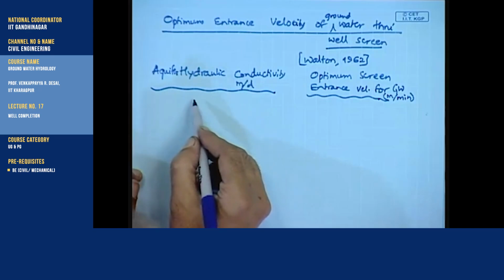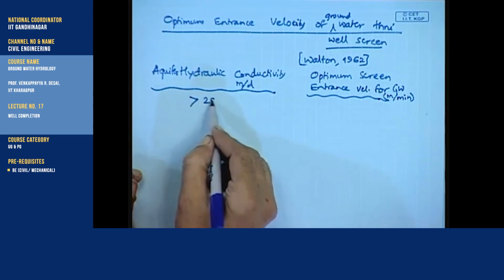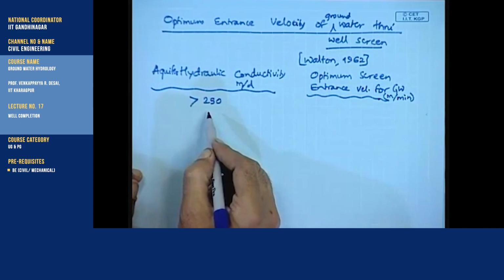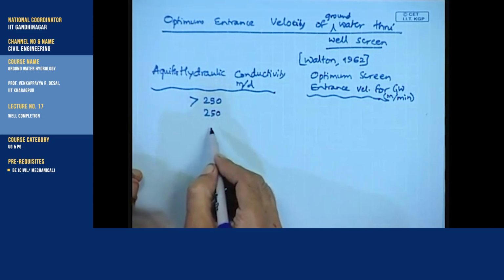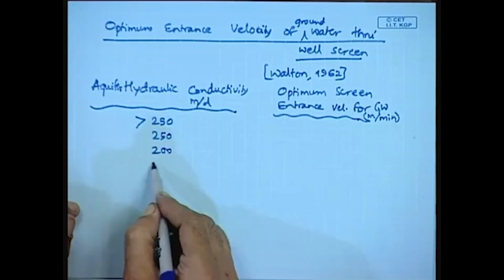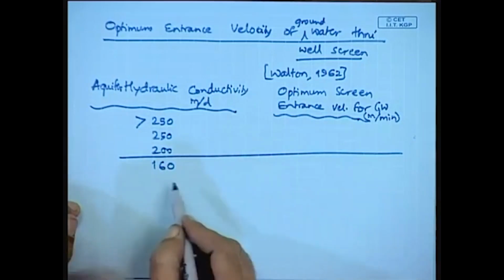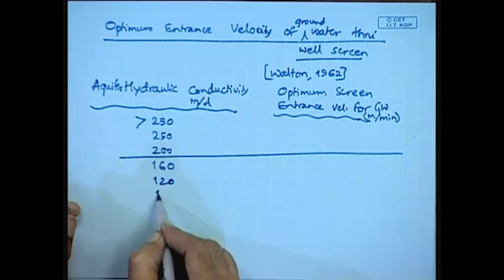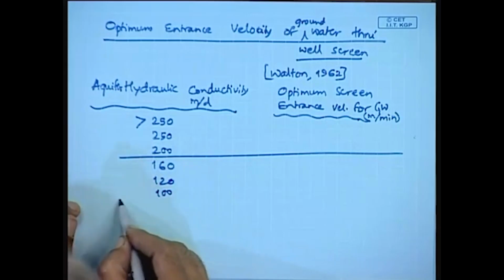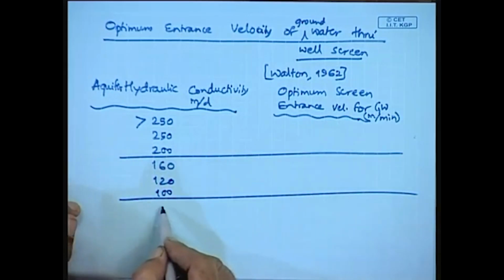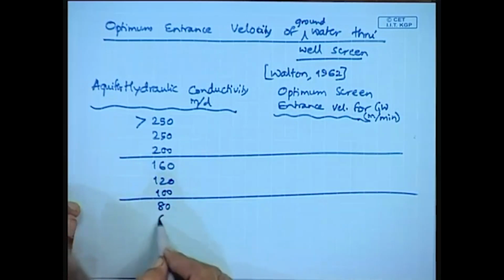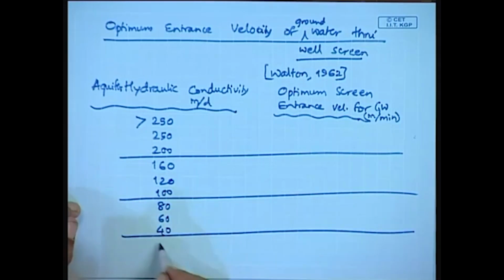So here, this is 250, then 250, 200, 160. After every 3 rows, I am going to write a horizontal line. 160, 120, 100. Next it is 80, 60, 80, 60, 40, then 20, and then less than 20.